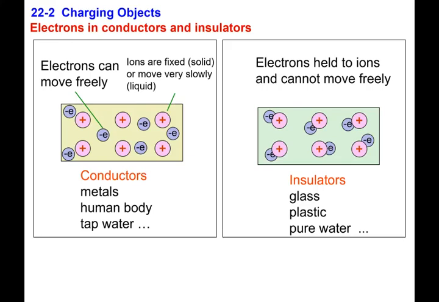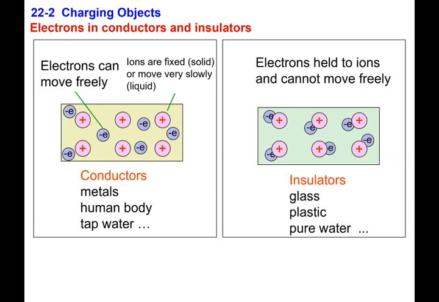Insulators, however, are also made out of molecules, so they have protons and electrons, except the electrons are not free to move. They are held tightly to the nucleus of the atoms or molecules, and that's why they are called insulators. They do not conduct electricity. Examples are glass, plastic, and pure water, water that does not have any ions, salts or anything.